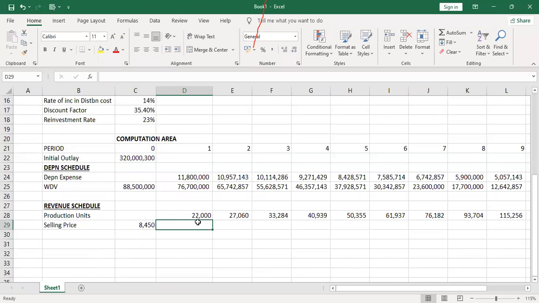I'm planning to charge 8,450, but because of inflation, by the time I go ahead and produce items, my selling price would have changed by the inflation rate. So how do you get the selling price in year 1?